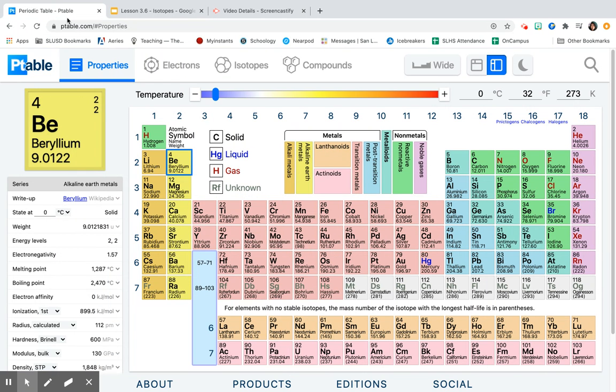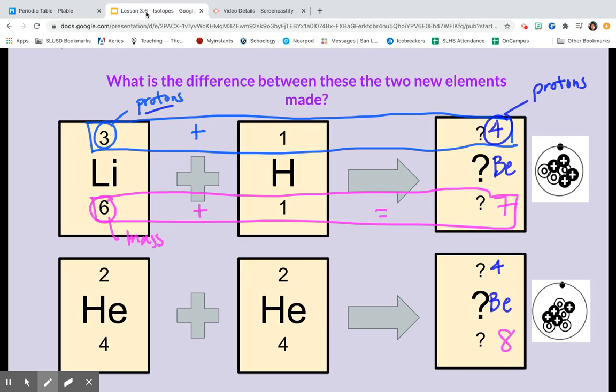We're going to use ptable.com, and I'm going to look for an element with the top number of 4. To make this extra clear, as I'm scanning through these elements, I'm looking at all their top numbers, looking to see which one is 4. They go in order 1, 2, 3, and this one's 4. So element number 4 is going to be Be, beryllium.